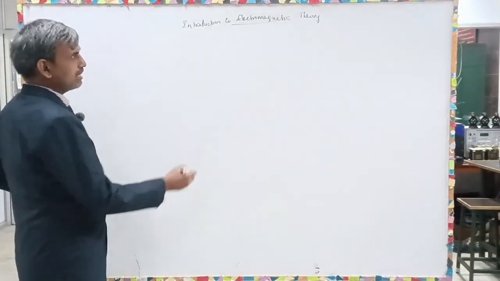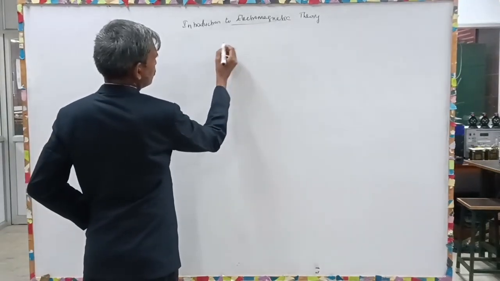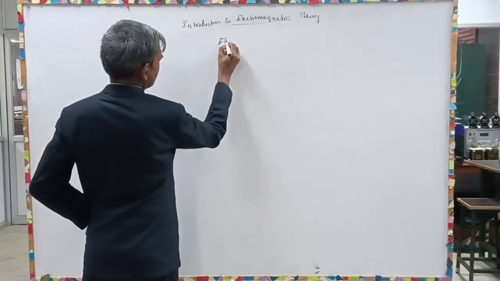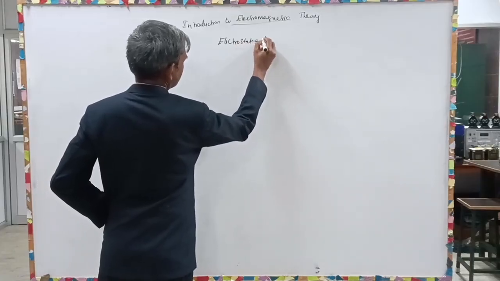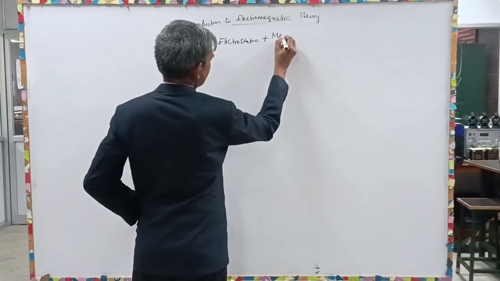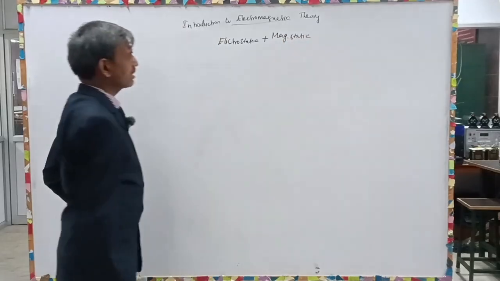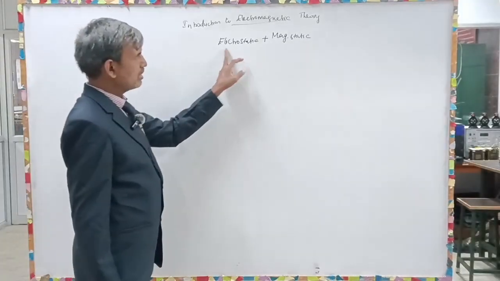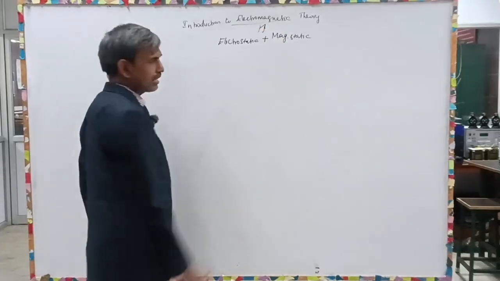Electromagnetic is a common word, so we have two words: one is electrostatic plus magnetostatic. The combination of electrostatic plus magnetostatic is nothing but electromagnetics.